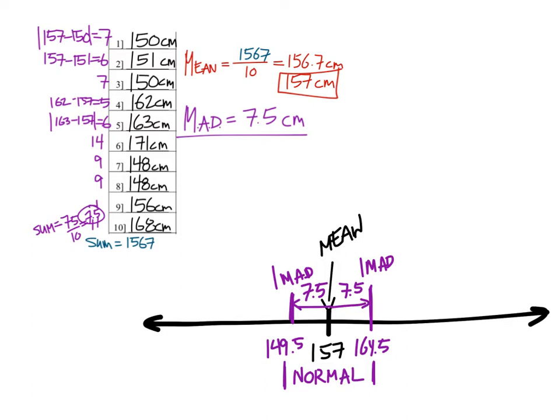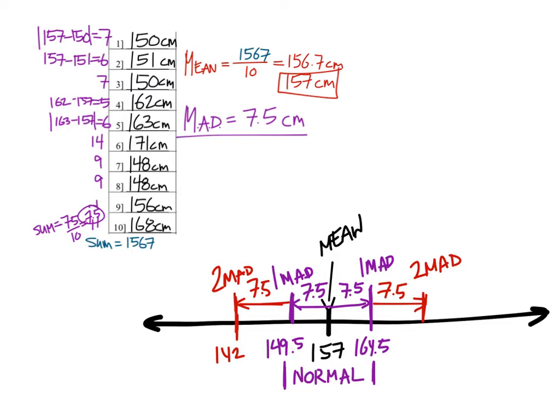So we're going to take this to the limit and go another mean absolute deviation to the left and to the right. That would put us 2 mean absolute deviations away from the mean in both directions. For the one on the left, I've got 149.5 minus 7.5, which puts me at 142.